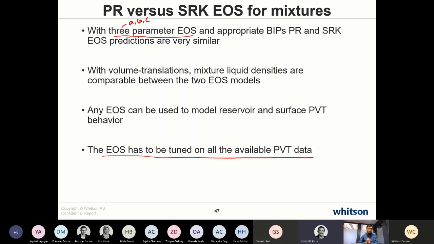But just one additional comment on this. If you want good prediction capability for wax deposition, for example, then the cubic equation of state model that you will be using should be tuned to some low temperature measured PVT data, because we know that wax usually deposits at low temperature.